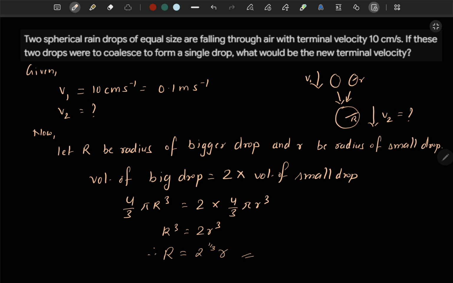And now to calculate the terminal velocity, we will use the formula for terminal velocity of both the drops.